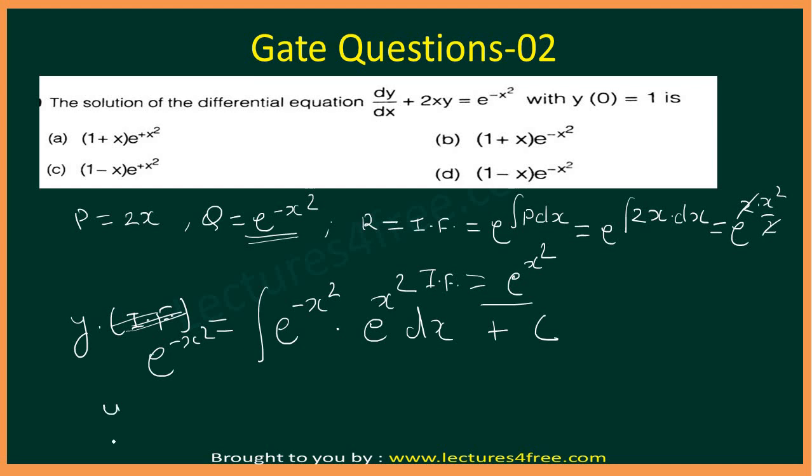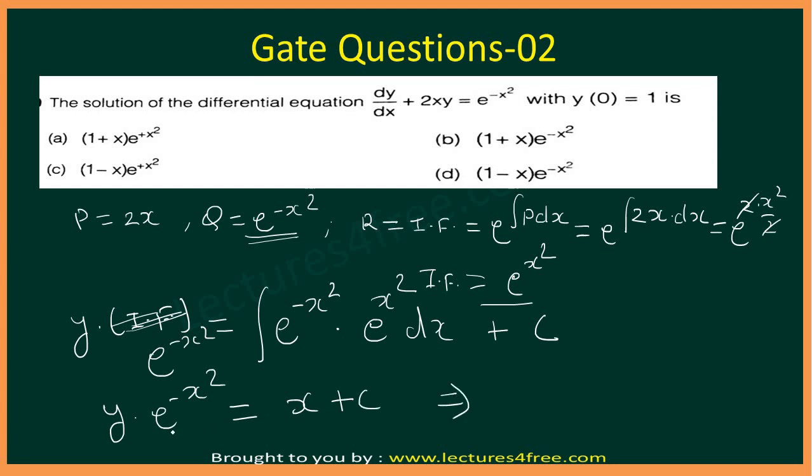So here you will get y into e to the power minus x square is equal to integration of e to the power minus x square multiplied with e to the power plus x square. So this will be e to the power 0. E to the power 0 means 1, so integration of 1 into dx will be x plus c.